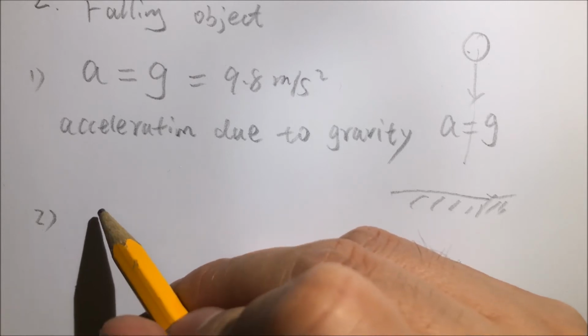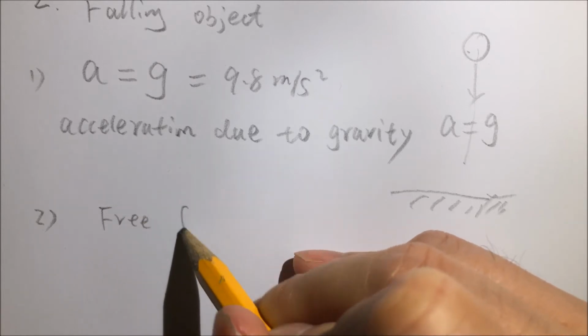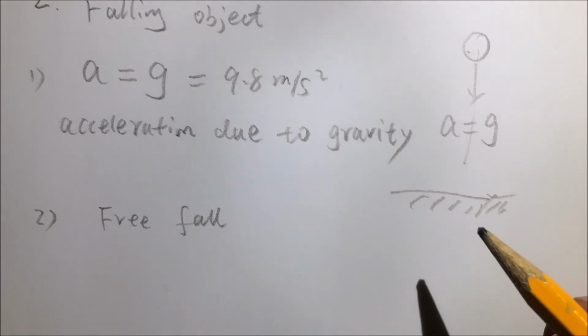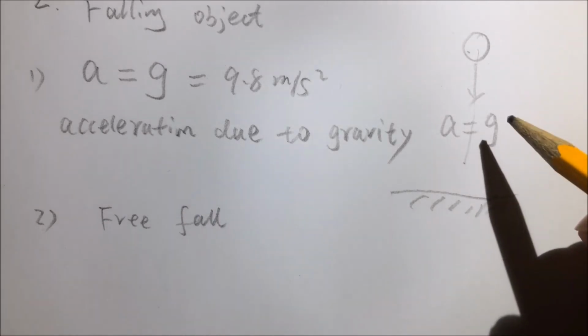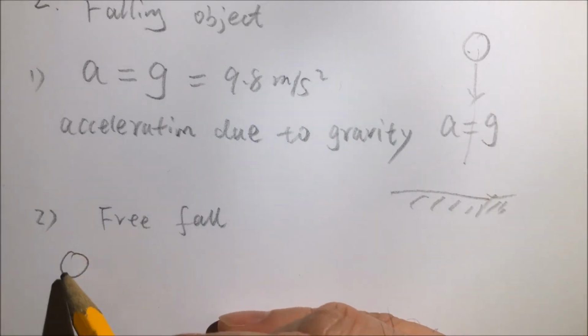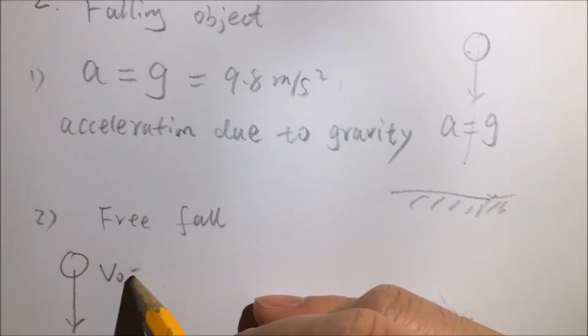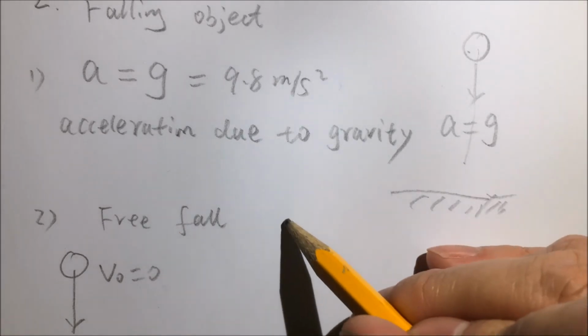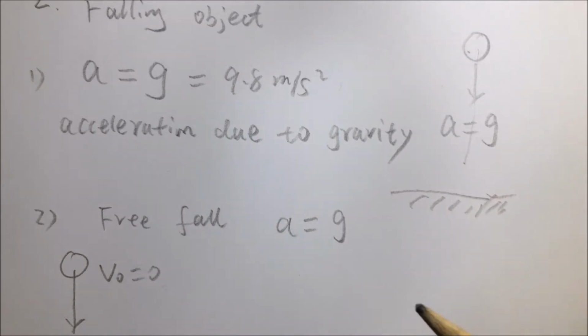Let's first talk about free fall, which means the object just falling down to the ground with the initial velocity 0. In that case, acceleration will be equal to g. And you're going to apply the equations we learned. Suppose you want to find the final velocity and how much distance it goes during a certain amount of time t.